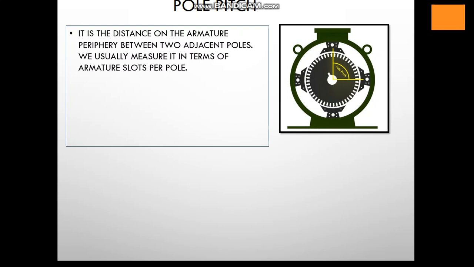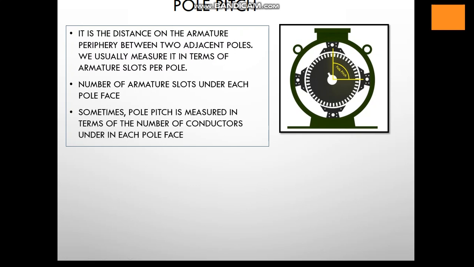The pole pitch, the yellow one, is from pole number 1 to pole number 2, which forms 90 degrees. So how many slots are covered in every pole? The pole pitch, between two adjacent poles, is the number of armature slots under each pole face.